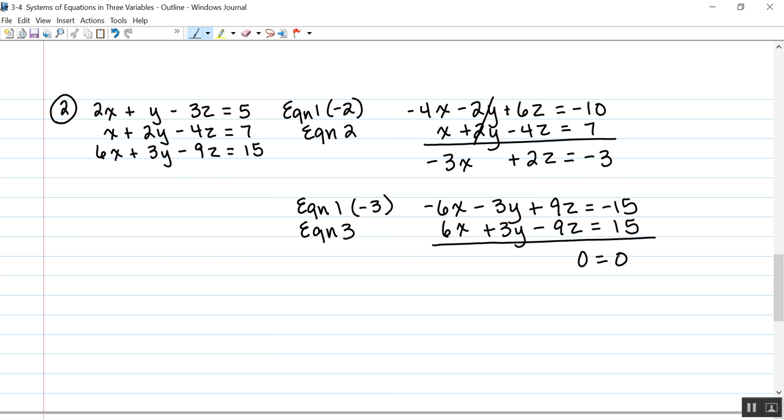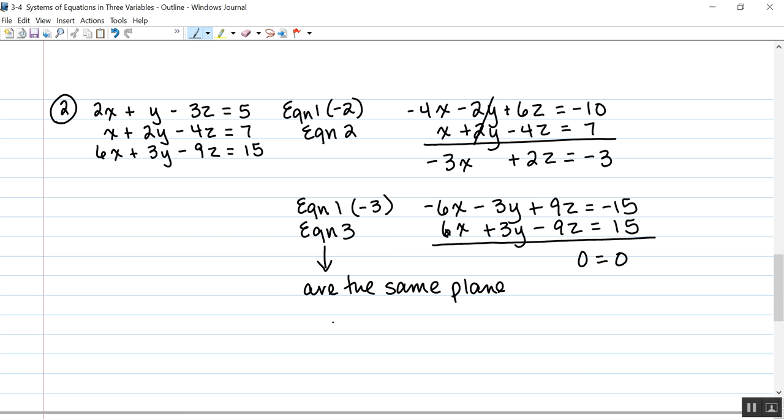So what does that mean? That means that these two equations, equations 1 and 3, are the same plane. They have exactly the same equation. In fact, what we saw was if you multiply the first equation by a positive 3, you would get exactly equation number 3. So those two are the same plane. So what this means is that this plane, represented by equations 1 and 3, intersects the other plane in this line right here.